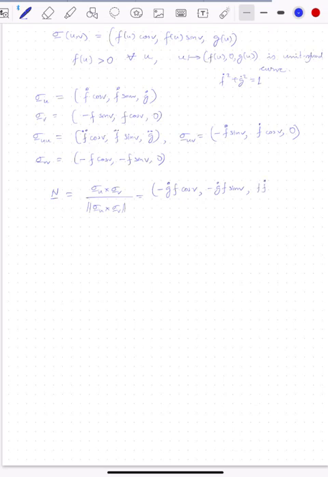So we can just have f dot f. This divided by its norm.